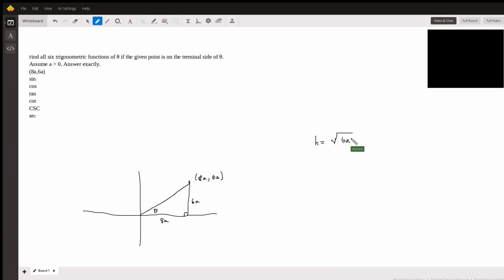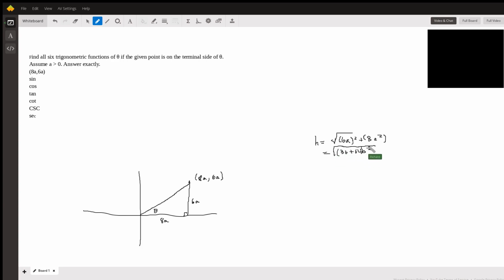6a squared plus 8a squared. And that's going to be 36 plus 64 a squared.